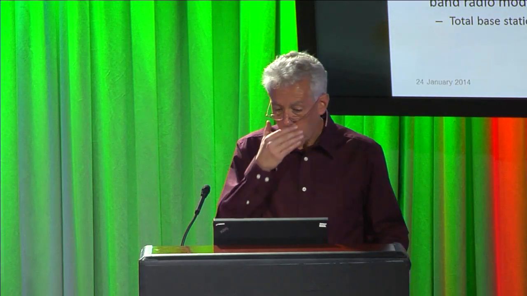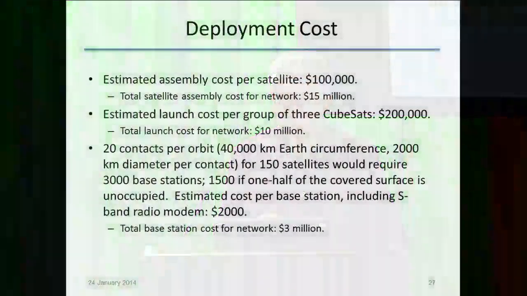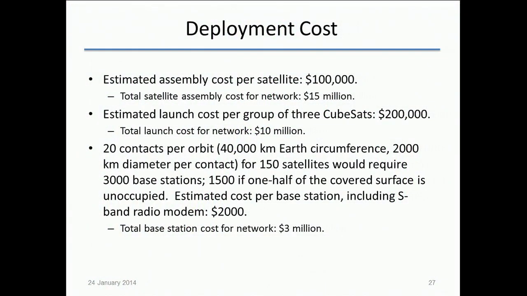At that rate, well, coming back to the cost of deployment, CubeSats are really cheap. You actually can go to a company called Pumpkin on the internet, and you can buy a CubeSat chassis for like $4,000. There's a company called Tyvak in San Luis Obispo that will sell you the whole CubeSat ready to fly, except for instruments, for I believe something like $45,000.